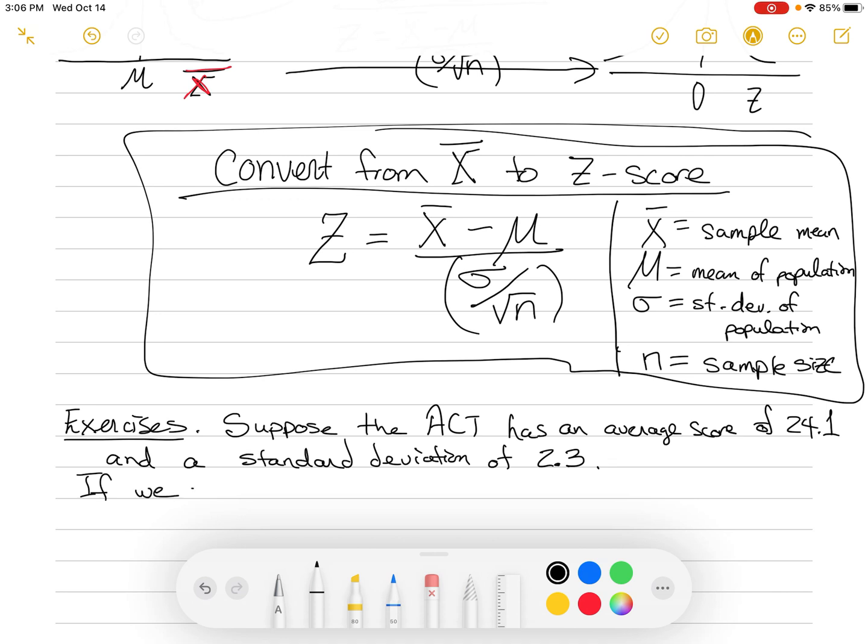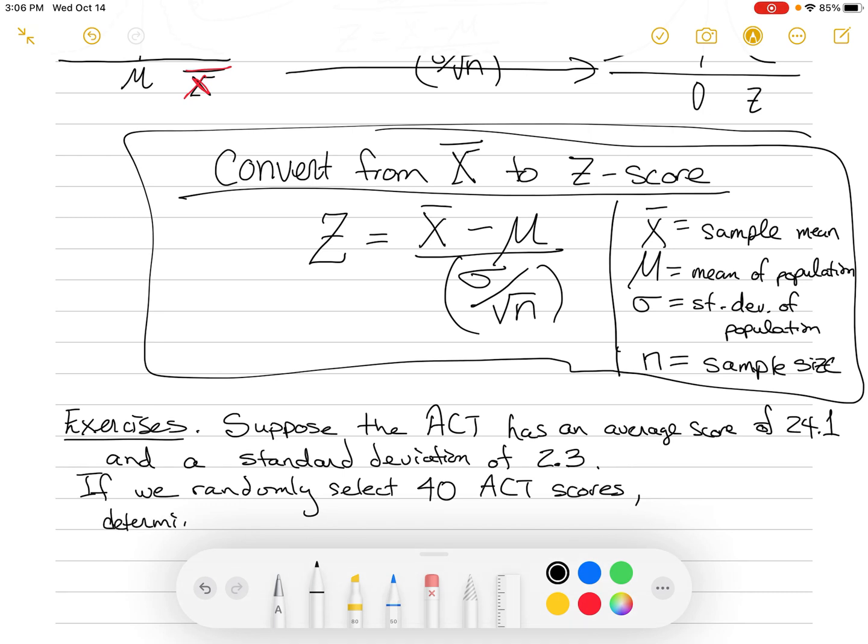If we randomly select 40 ACT scores. Let's say we randomly pick 40 recent ACT tests and we find out their scores.